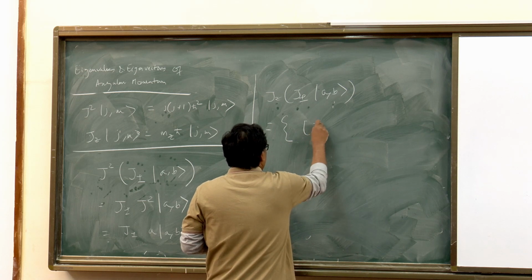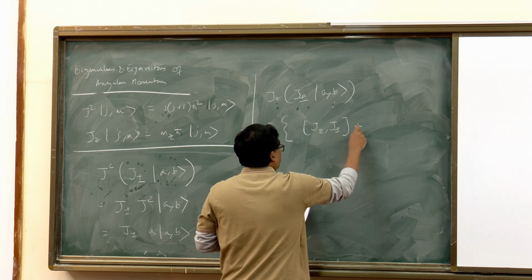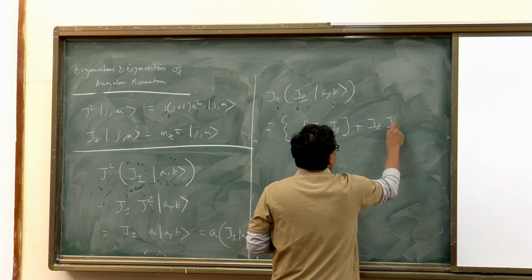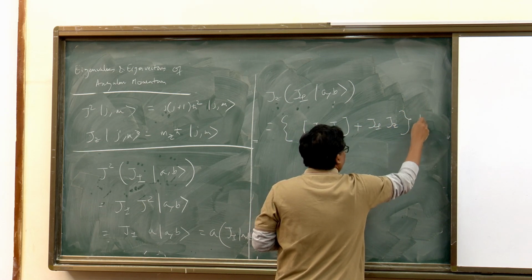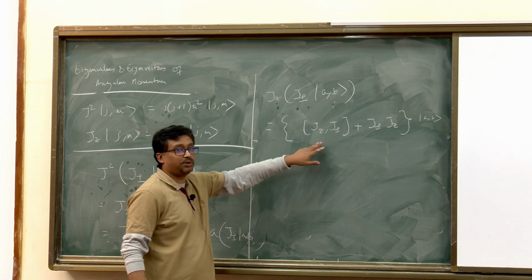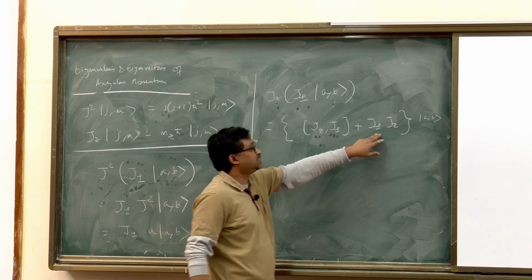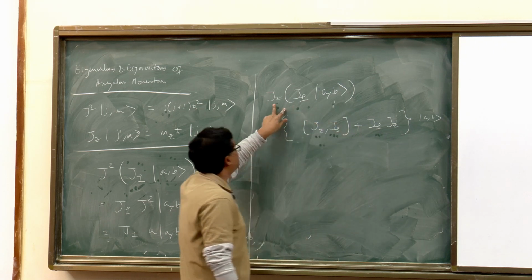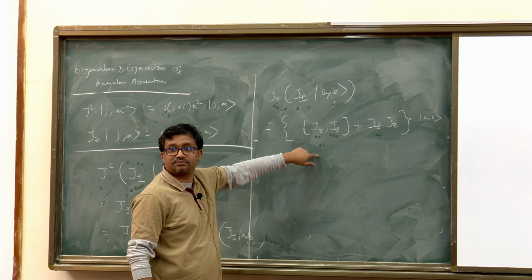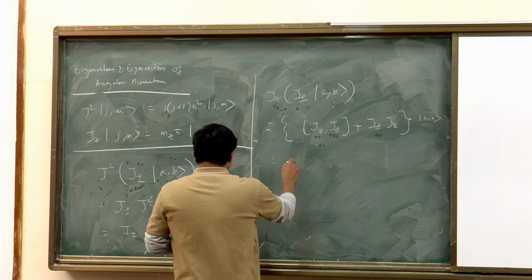So this is Jz J plus minus, which is J plus minus Jz plus the commutator. This was our commutation relation, Jz J plus minus minus J plus minus Jz, and we have just replaced that with this one. Okay.